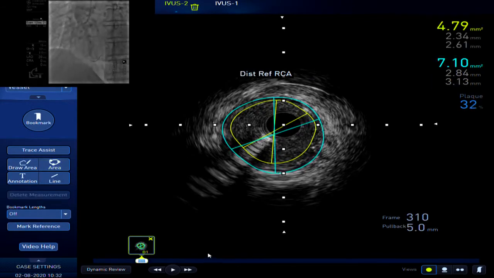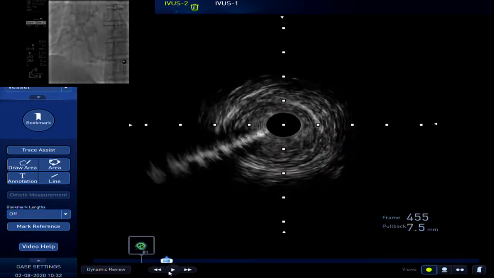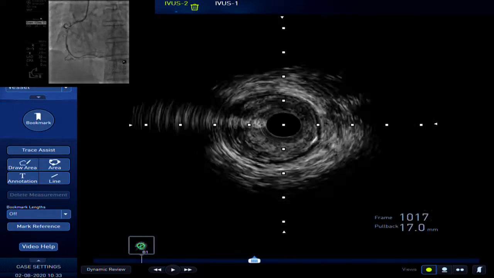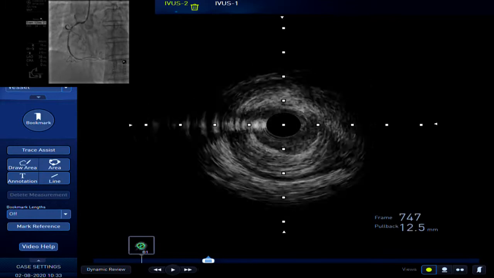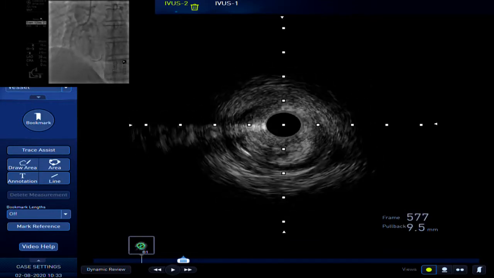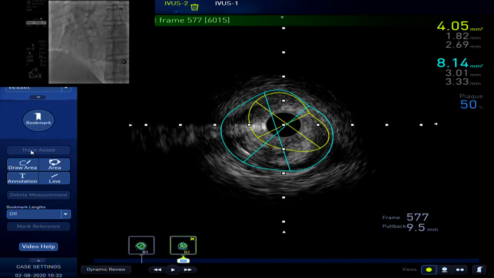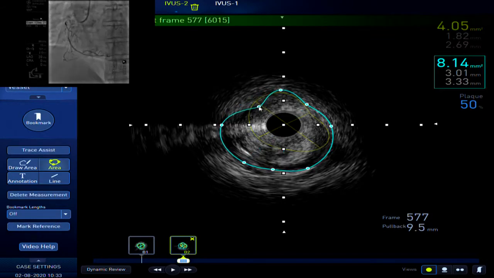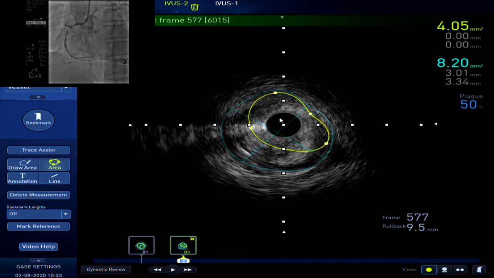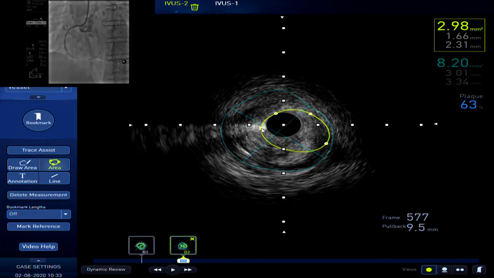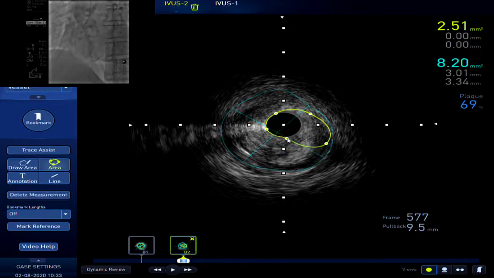In Japan, you have the 48 millimeter stent. Yes, in India, you have the 48 millimeter stent too. Even 45 or 48 is fine. Just one. 48 is good.